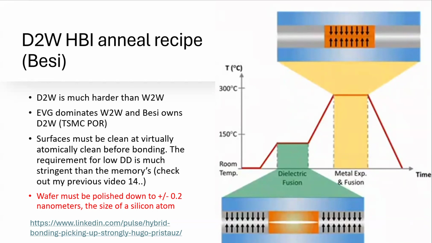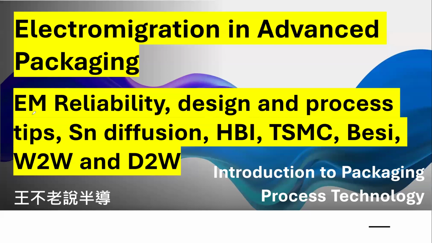And I hope you get a good grip on what I'm trying to say here, that EM reliability is probably critical for tin-related bonding material, but not that bad for copper hybrid bonding, as long as your misalignment is not too big. All right.